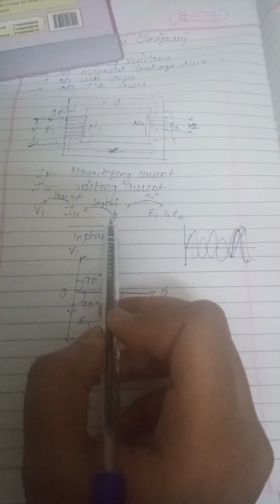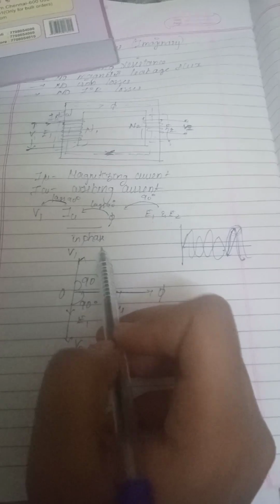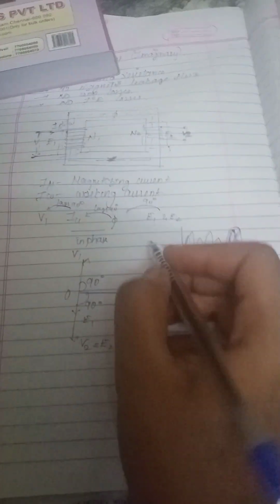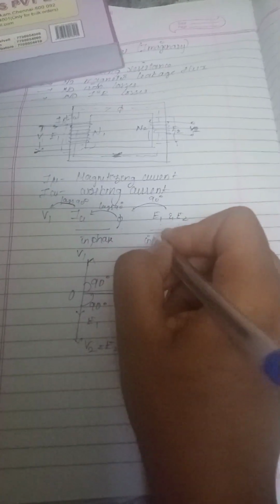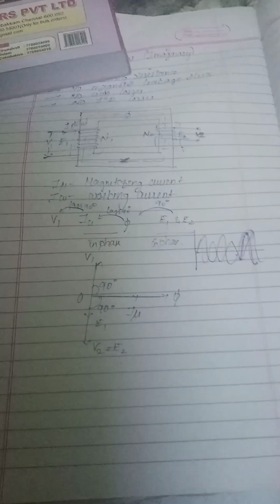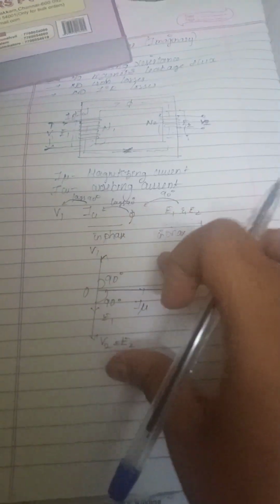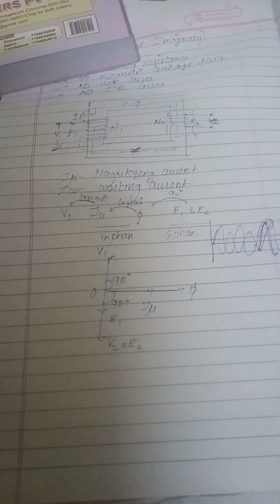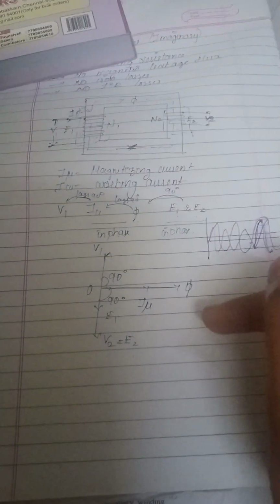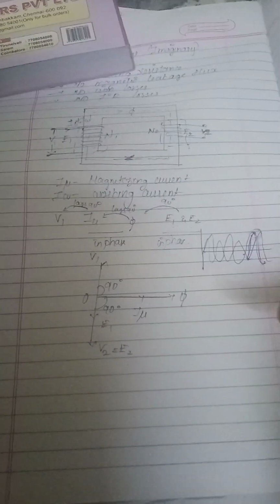The I mu and phi are in phase. Likewise, E1 and E2 are also in phase with each other. So this is the basic phasor diagram for the ideal transformer. If you understand the diagram clearly, then only can you understand the upcoming phases. Thank you.